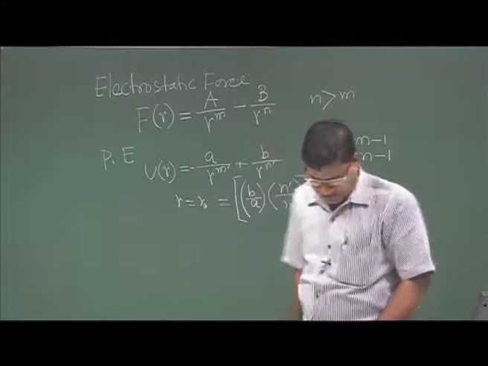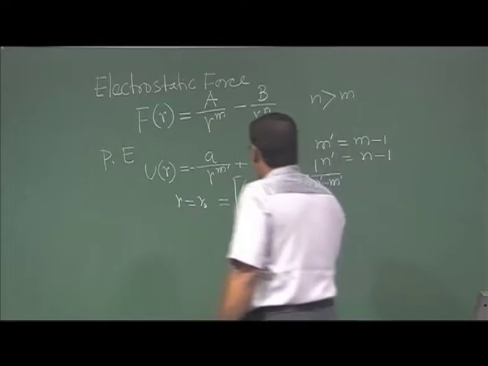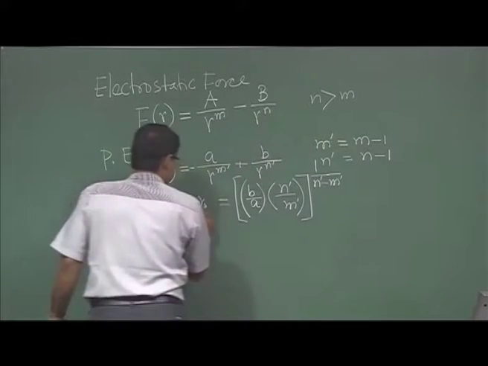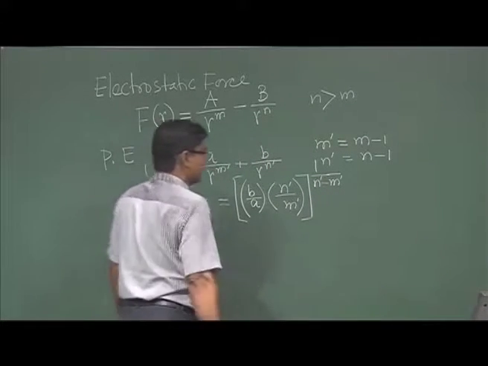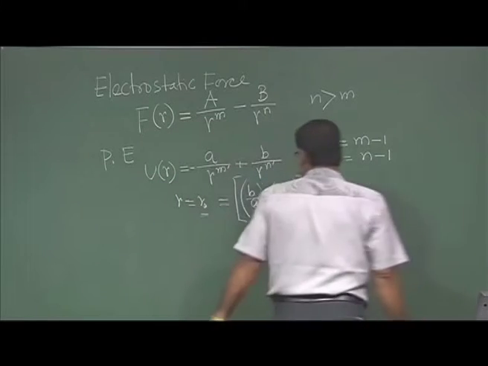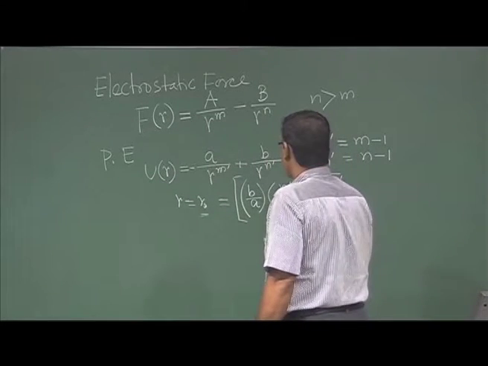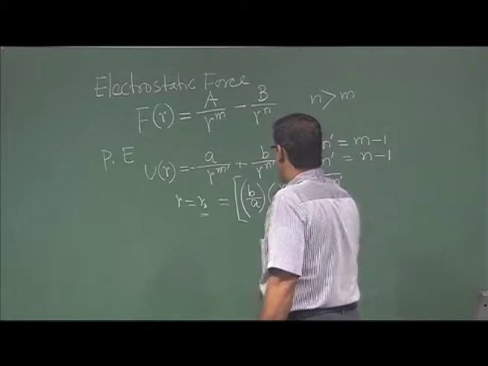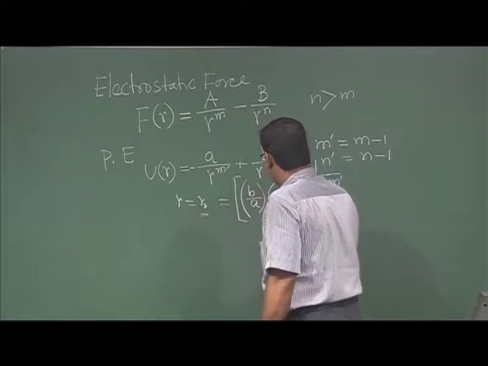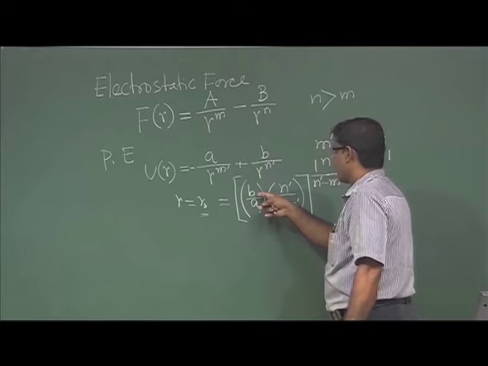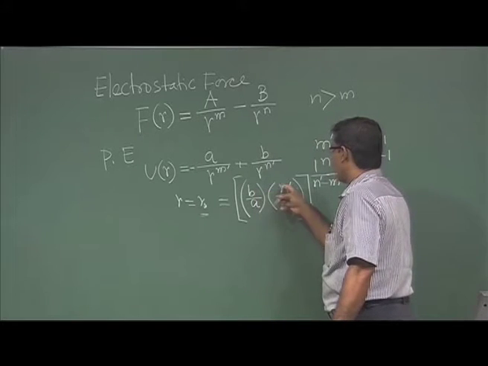So, this is the equilibrium distance between atoms in a solid, and that equilibrium distance depends on the atoms, a, b, m dash, n dash.